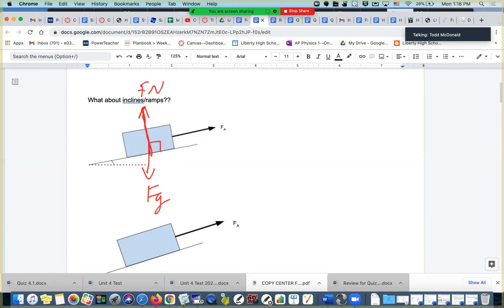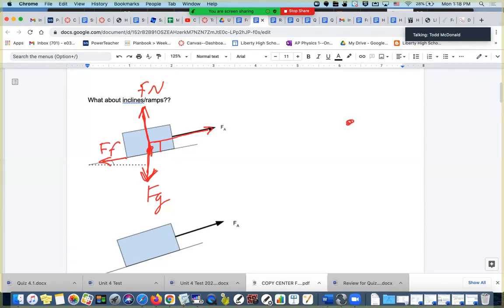Our normal force and our force of gravity really are no longer in line with each other, and that's going to be a problem. And then we think about our applied force up the ramp, and then our friction, which acts along the surface between the box and the ramp itself, and runs that way also.